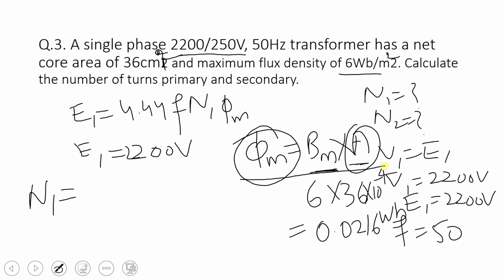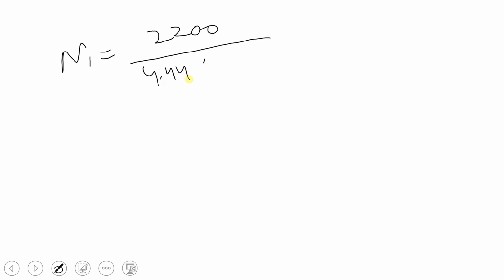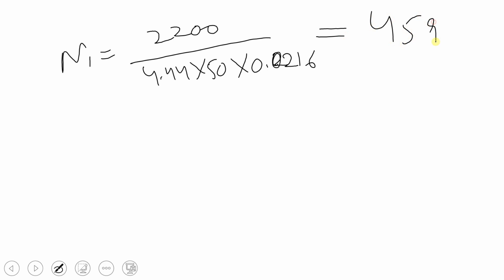Now we know N1 is equal to E1 upon 4.44 f phi m. We know all the values, so we put them in. N1 is equal to 2200 upon 4.44 into 50 into 0.0216, and when we solve this, we will get 529. So these are the number of turns on the primary side.